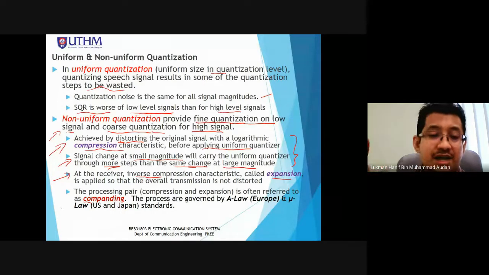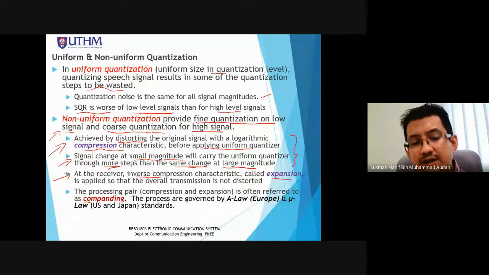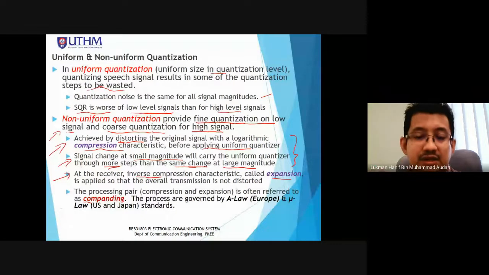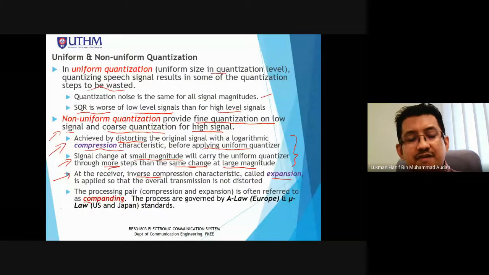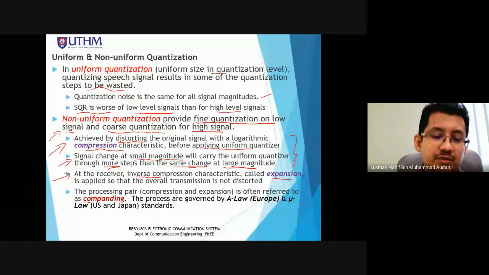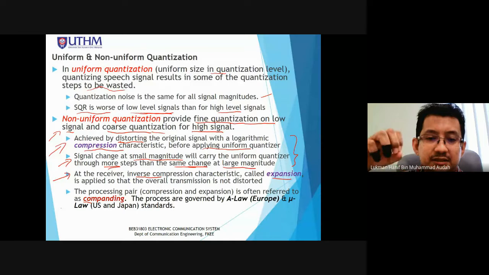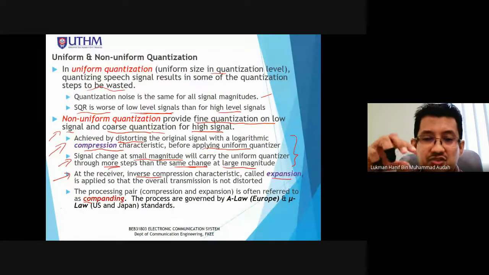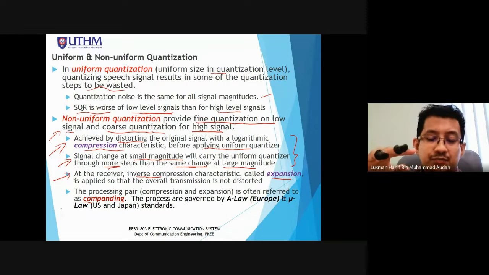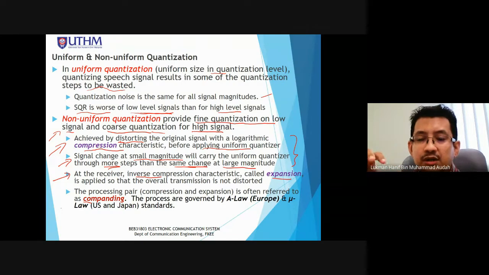Okay, itu untuk analog system. Tetapi dalam digital system, compending ini adalah setara dengan proses pre-emphasis and de-emphasis in analog system. Okay, so we distort, we modify the amplitude of the signal pada kadar tertentu supaya memudahkan kita untuk melakukan proses seterusnya.